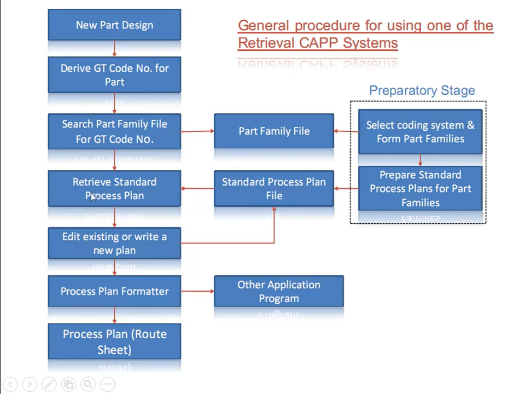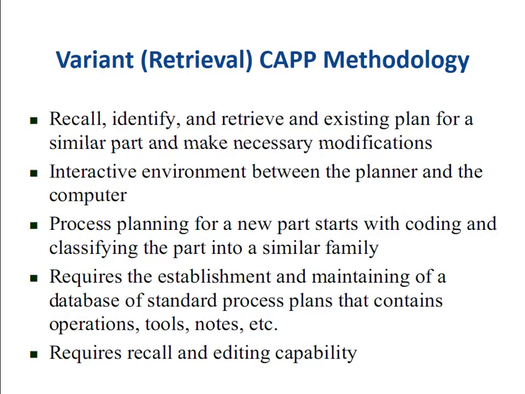It is saved, and again retrieved, and after that comes the process plan formatter. Using that formatter, we get the route sheet, based on the requirement of that particular product. In this way we achieve the retrieval or variant CAPP methodology.